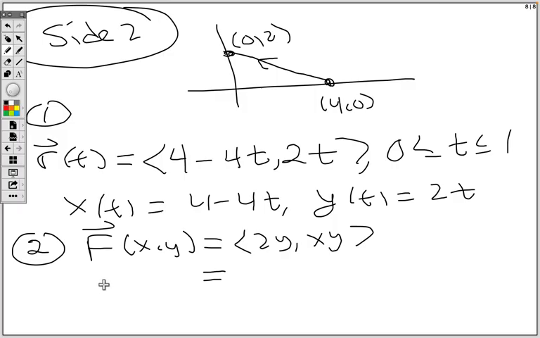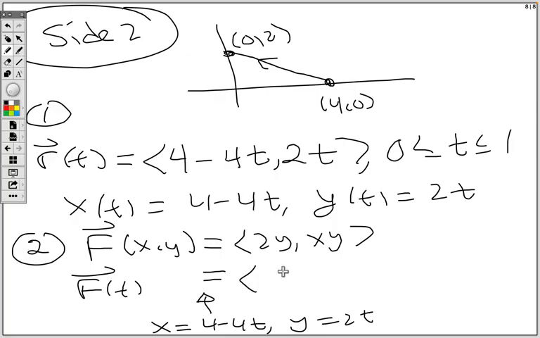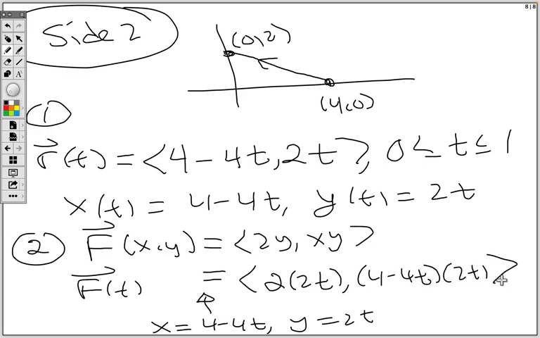We need that as a function of t. So once again, we plug in what the x is and what the y is. So 2y would be 2 times 2t. xy would be (4 minus 4t) times 2t.